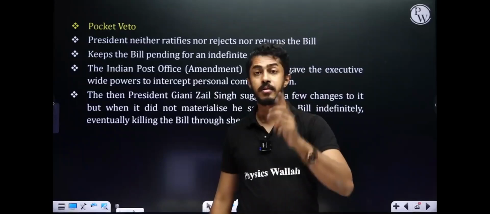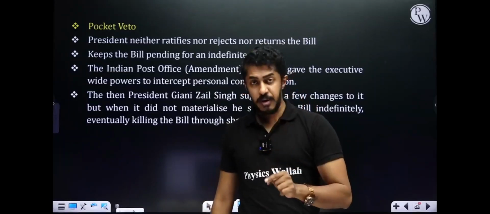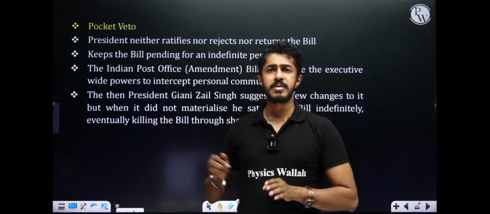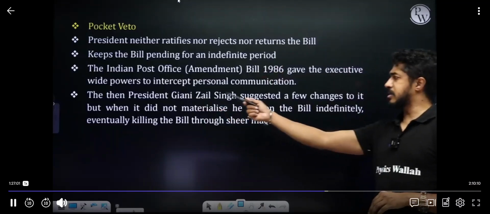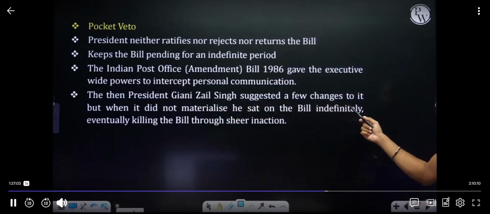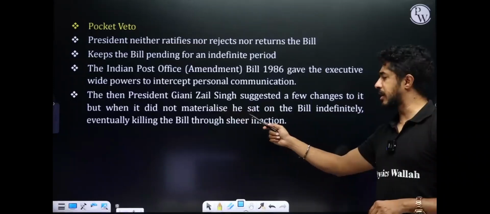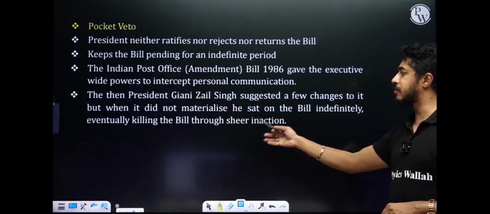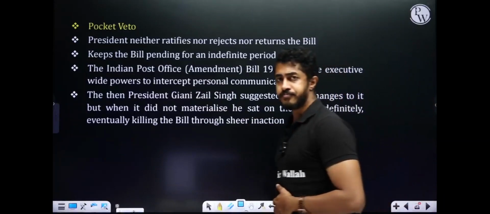They can intercept it. This particular bill was being passed during the Rajiv Gandhi government. What did President Zail Singh do? The then President Gyani Zail Singh suggested a few changes to it, but when it did not materialize, he sat on the bill indefinitely, eventually killing the bill through sheer inaction.